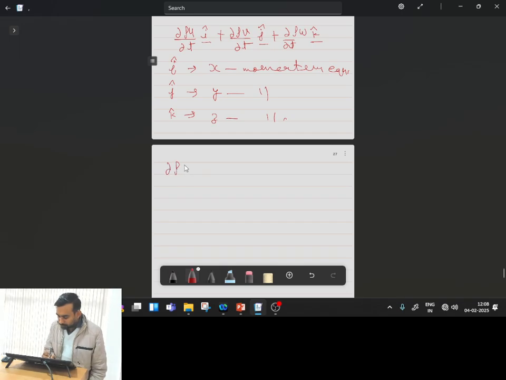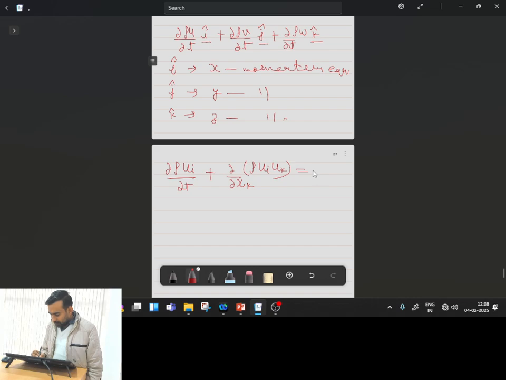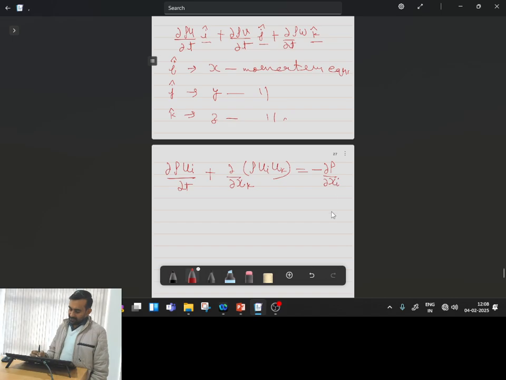Del rho ui by del t plus del by del xk of rho ui into uk, minus del p by del xi, or let me write say k. I am writing the momentum equation in kth direction. Del xk. Is this one clear?